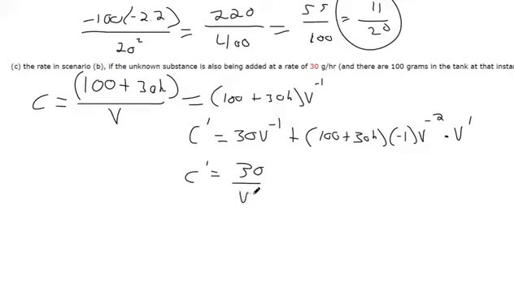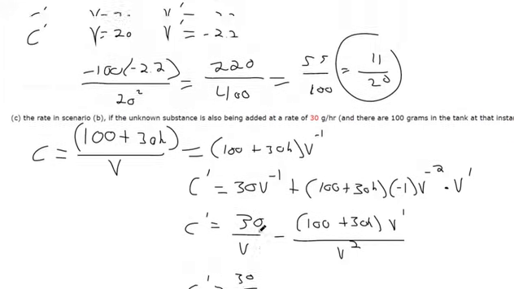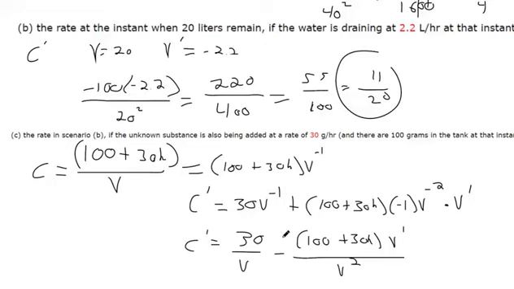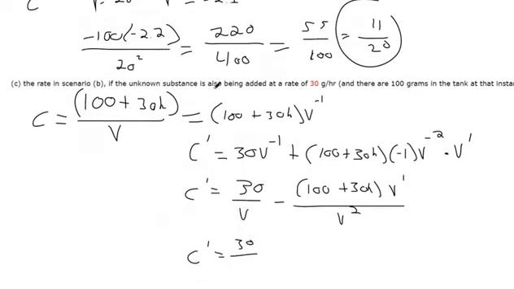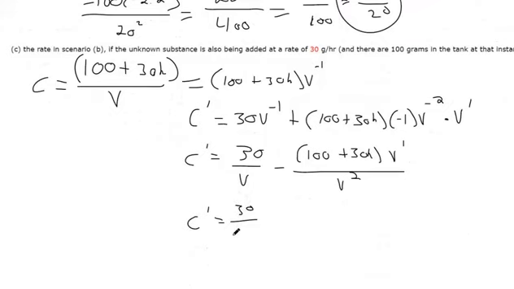So if we clean that up a bit, that's times the negative 1, so I'm going to put a minus out front. V prime in the numerator and then V squared in the denominator. So if we plug in all the information from part B again, we've got 30 over the volume, which is 20 liters at that instant in part B. So 20 goes in for volume. And then over here, we got 100 plus 30 H. We don't know what H is.